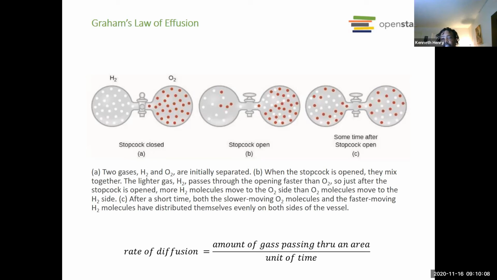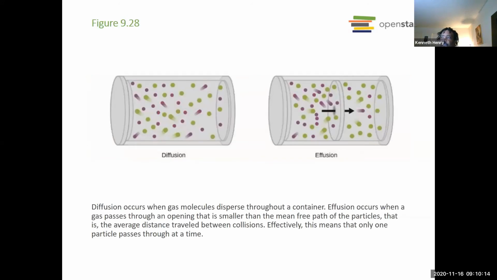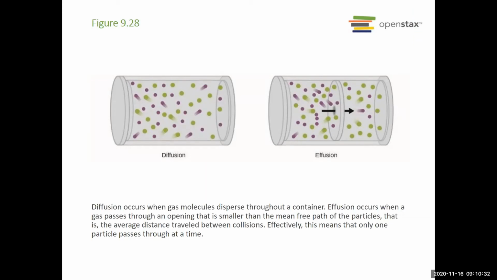Effusion is when you're looking at a particular size of a container. Diffusion doesn't have that fine hole defining it. It's just the fact that it's able to move from a high concentration to a low concentration. Effusion is going through that fine little hole. Okay, are you guys with me? Yes. Yeah.